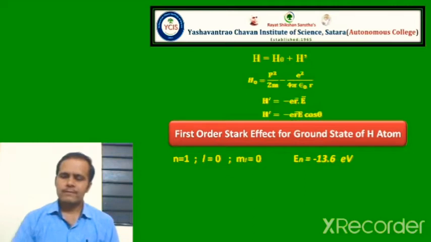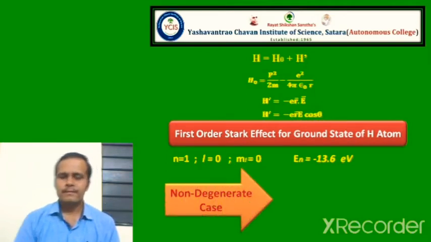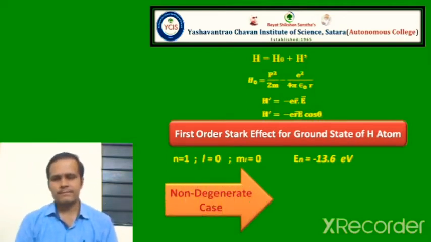For this ground state, there is only one state, the 100 state, with n, l, m_l values 100. The 100 state only has the minus 13.6 electron volt value, and hence this is a non-degenerate case. Why is it non-degenerate? There is no degeneracy. If two or more states have the same energy, we can say it is a degenerate case.